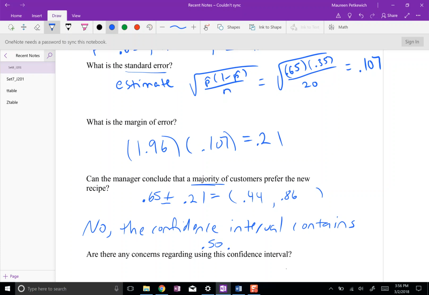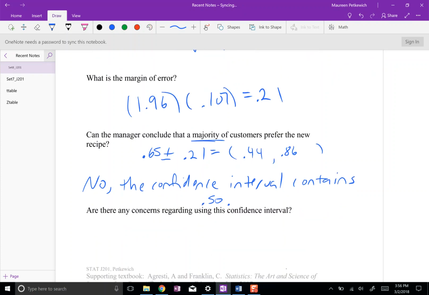If it was completely below 50%, then we would know it's not the majority. If it was completely above 50%, then we would say it appears that it is the majority who prefer the new recipe. But since it contains 0.50, we're in a gray area, and it's not conclusive either way. So 0.50 is the key number there.